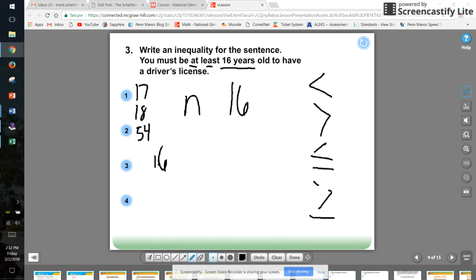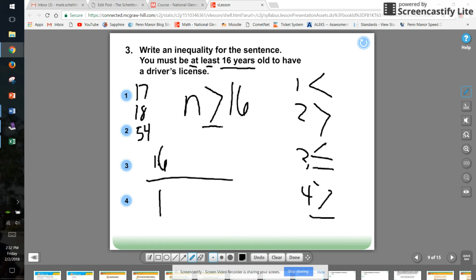So that is going to help me with which of my four symbols I'm going to use. And also, can a 1-year-old drive? No, can't. So n has got to be bigger than 16, but also could equal 16. So our inequality would be n is greater than or equal to 16.